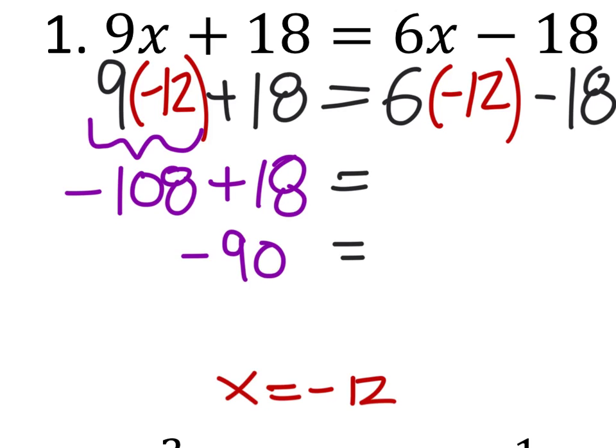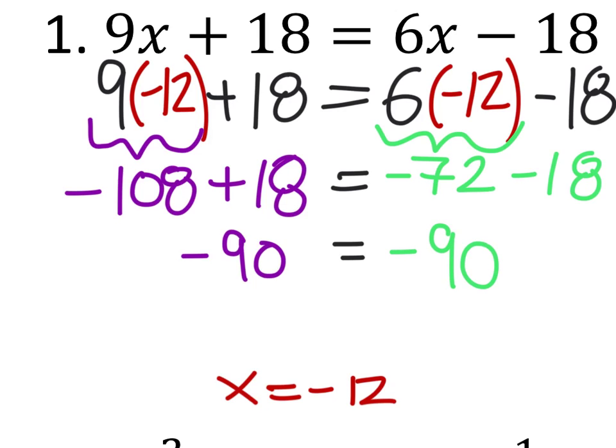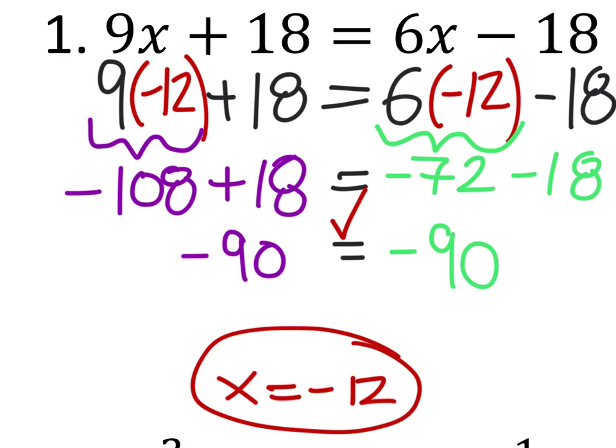So let's go ahead and find out. We'll take this 6 times negative 12, which is a negative 72 minus 18. Negative 72 minus 18 is negative 90 as well. We can see that negative 90 is negative 90, and so we've checked this. And we know now, we have no doubt that x is negative 12.